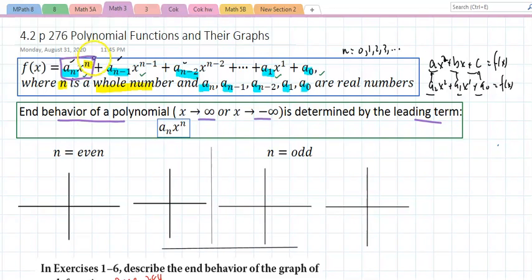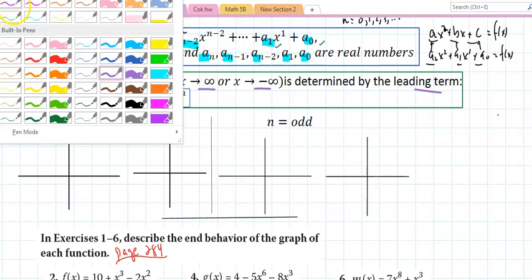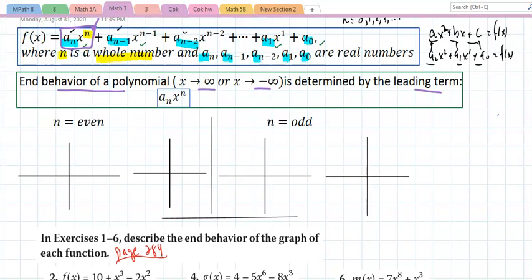So this term is going to determine a lot of things for us, and without studying the leading term, we can't sketch a graph. So we have the power, which we said is a whole number. So n could be even or n could be odd, since it can't be decimals or fractions.